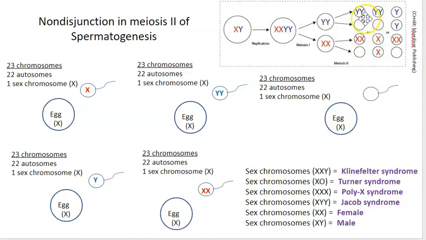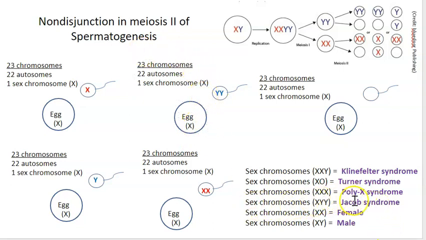There are 2 additional conditions that we want to touch on here. There's this sperm right here that had 2 Ys, and there was this sperm right here that had 2 X's. So you can see those 2 examples here. So if a sperm carrying 22 autosomes and a Y, so again, this sperm would have 24 chromosomes, fertilizes my normal egg, it's going to result in an individual that has the sex chromosomes XYY.